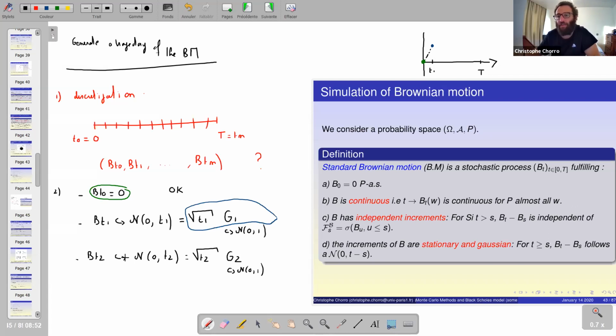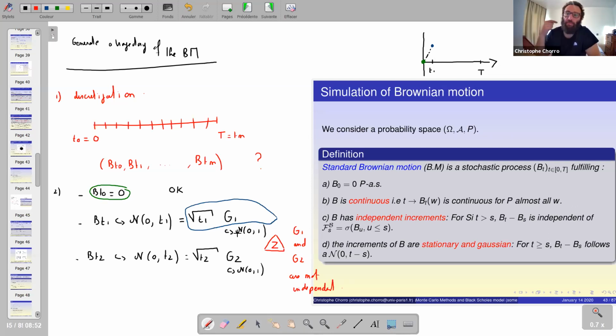The answer is yes, but I have to be careful, because here G1 and G2 are not independent. They are not independent because I know that the covariance between B_T1 and B_T2 is just equal to T1. So it is possible to see the covariance between these two random variables, and it is not equal to 0. So they are not independent.